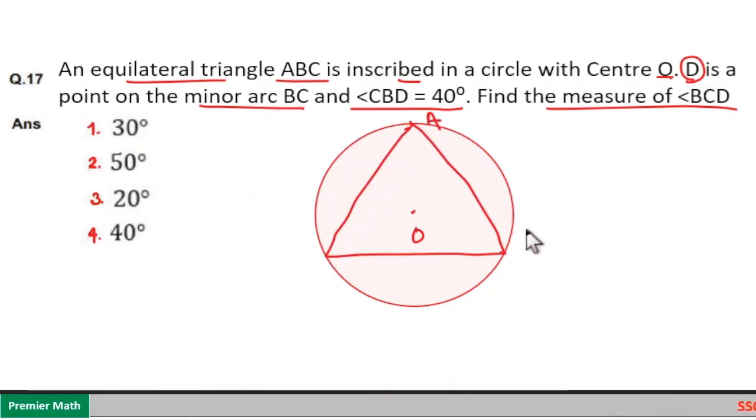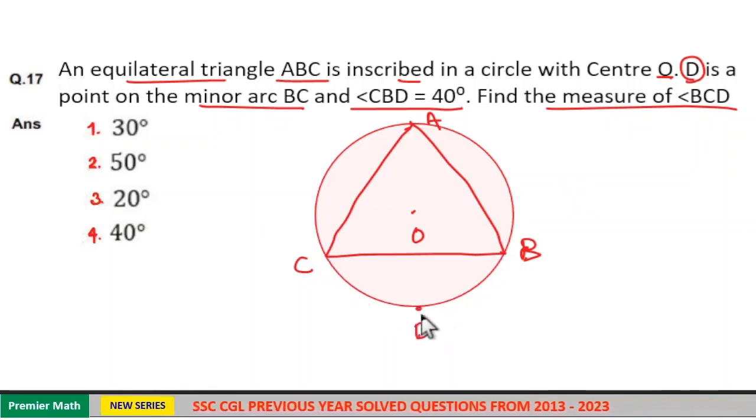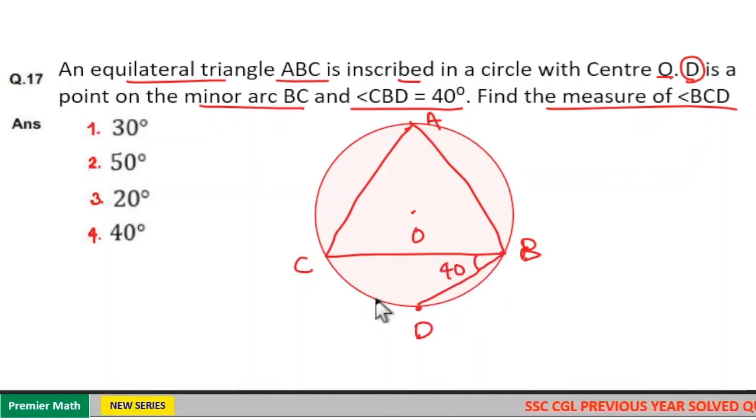Now this is ABC, and equilateral triangle means all sides are equal and all angles are 60 degree. Now D is a point on minor arc BC. This is minor arc BC and this is a point D, and angle CBD is 40 degree. So we have to find the measure of angle BCD, that is this angle.